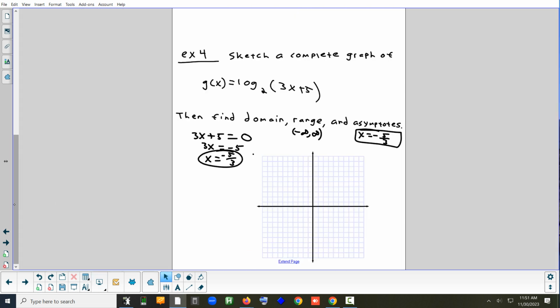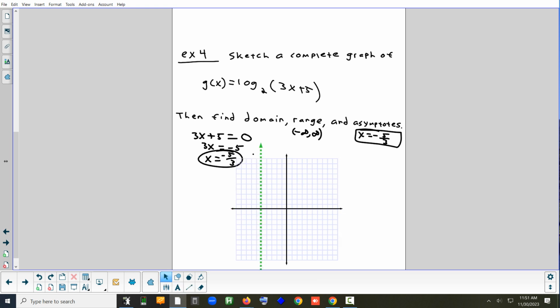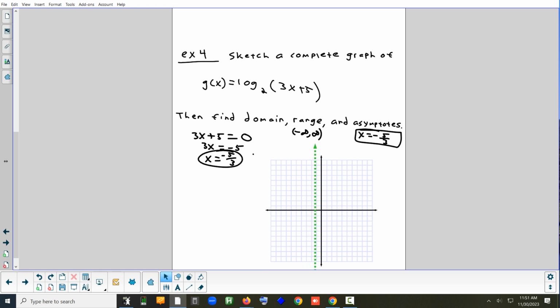Let's put that at -1.6. Okay, so that's good enough. So now the domain is either going to be the numbers bigger than -1.6 or less than -1.6.